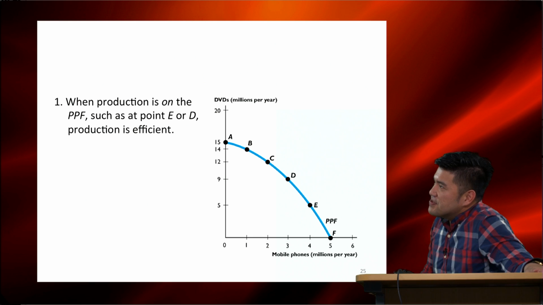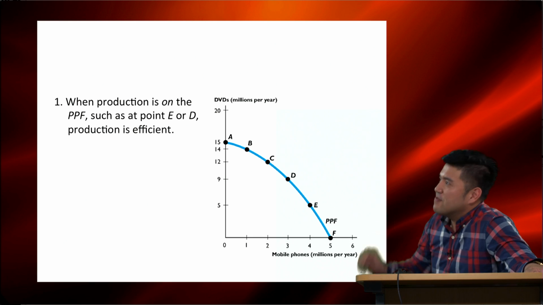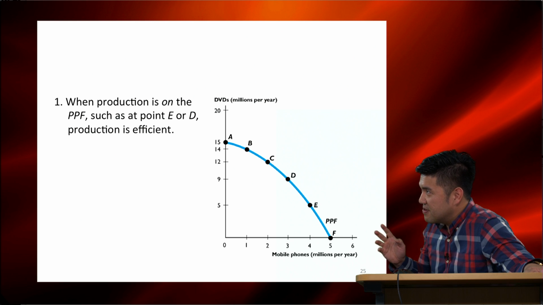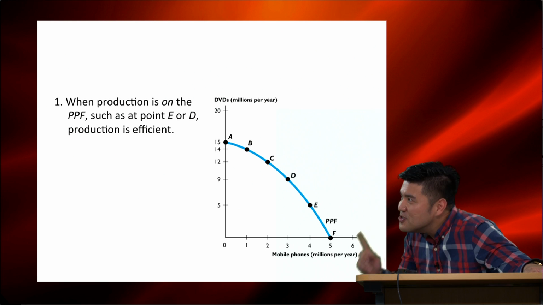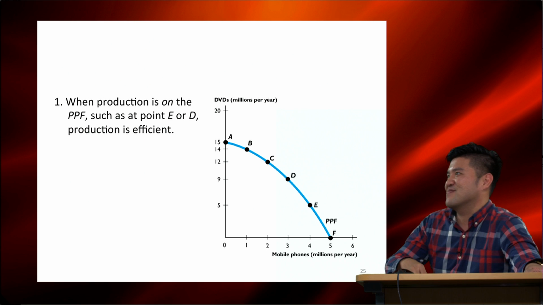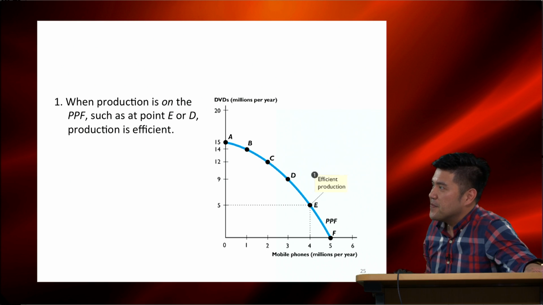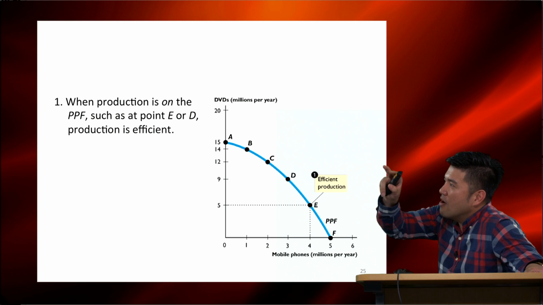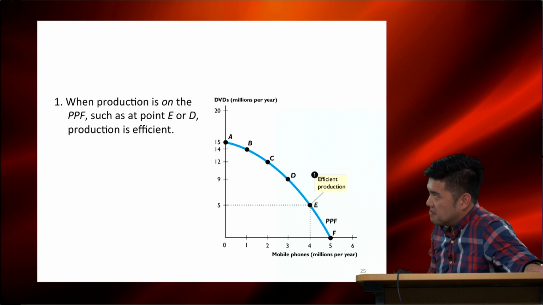When we produce on the PPF, that is to say, we produce at point A, point B, point C, point D, point E, or point F, you have been efficient in utilizing your scarce resources. So any point along the PPF, guys, is efficient.